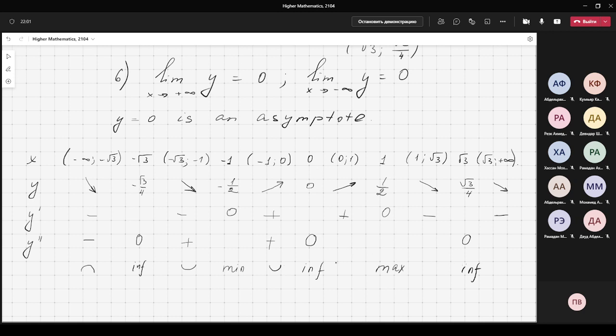From 0 to square root of 3, we have a negative sign of our second derivative, and our function is convex. And after square root of 3, the second derivative is a positive number and our function is concave.